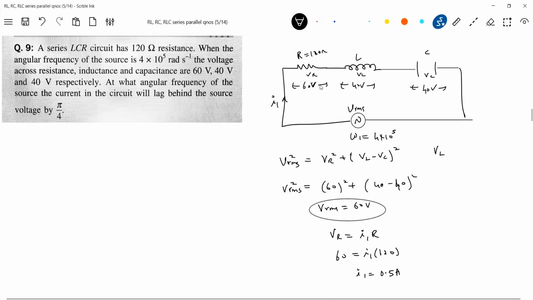Applying VL is equal to I1 into XL, VL is 40, I1 is 0.5. VC equal to I1 into XC, I think it will be the same, 80 ohm. After knowing XL, can we bring the L value? Yes, we can calculate the L value.